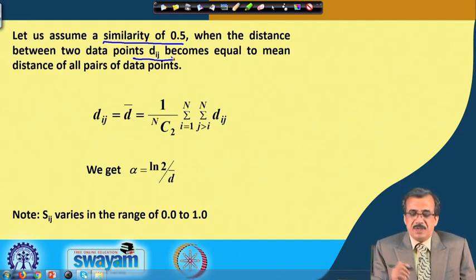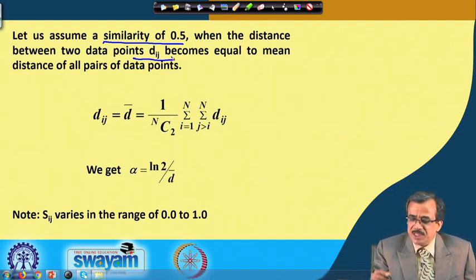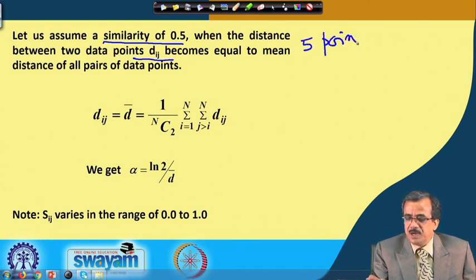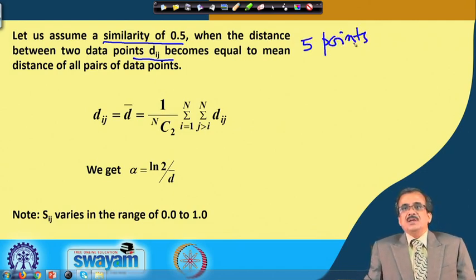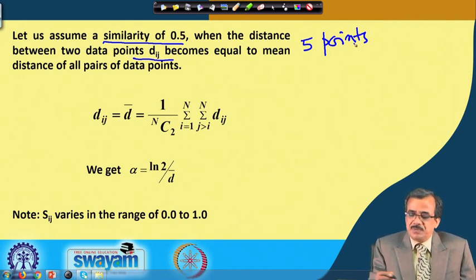Now, let me take a very simple example. Supposing that I have got only 5 points here. What could be the possibilities of the distance values?